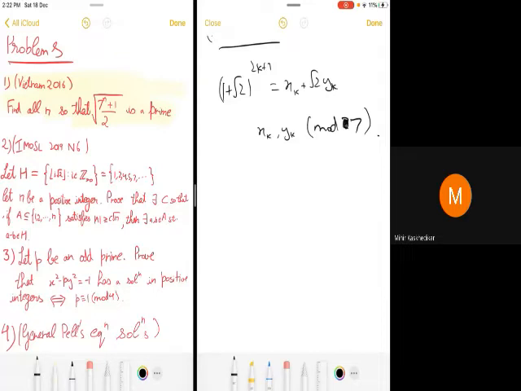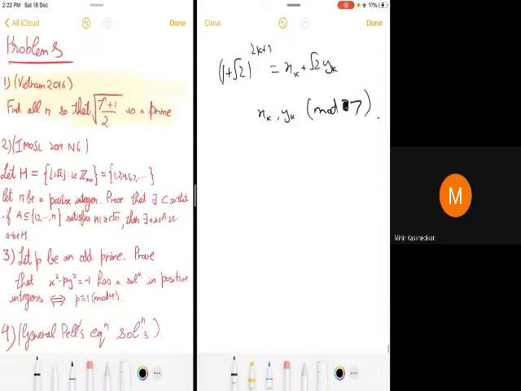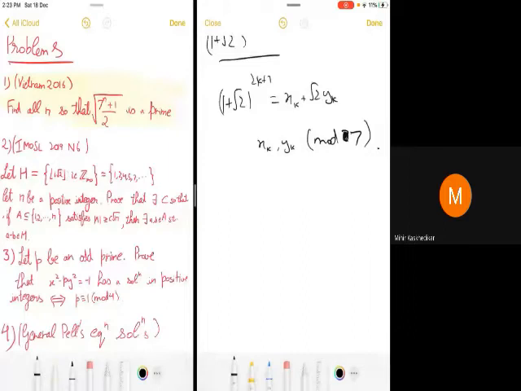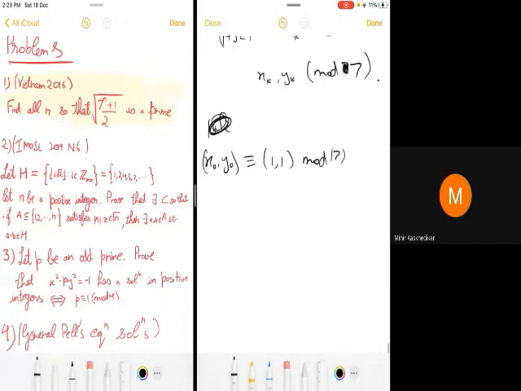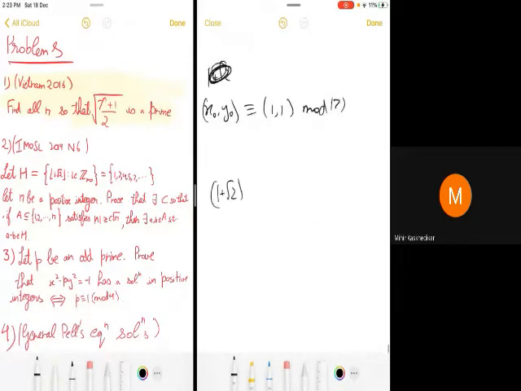So we can do this, let's calculate some initial values. x0, y0 is congruent to 1, 1 modulo 7, and x1 is (1 plus root 2) cubed, which is 1 plus 2 root 2 plus so on.